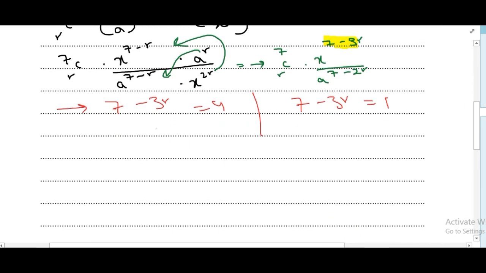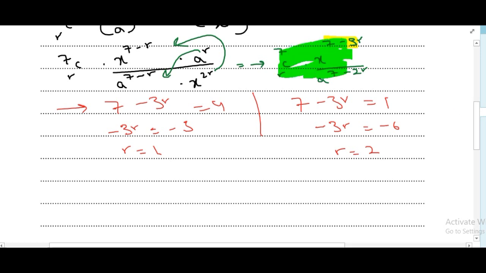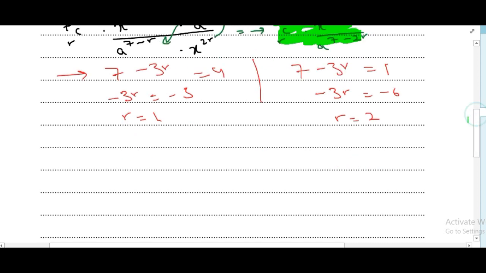So if we rewrite it, it would be −3r equals −3 and r equals 1. If we solve the other side, it would be −3r equals −6 and r equals 2. Now these are the two values. So what we are going to do is put r as 1 first and then r as 2 to get the expression.